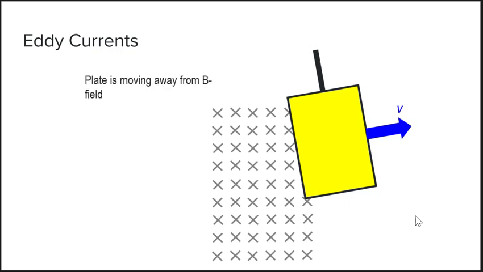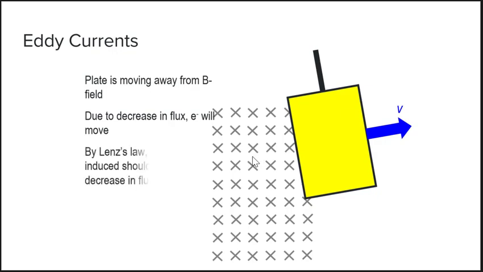In this case, as the plate exits the field, it is moving away from the field and hence experiences a decreasing flux. By Faraday's law, an EMF will be induced in the plate which generates an induced current. By Lenz's law, the induced current will be set up to oppose this decrease in flux.